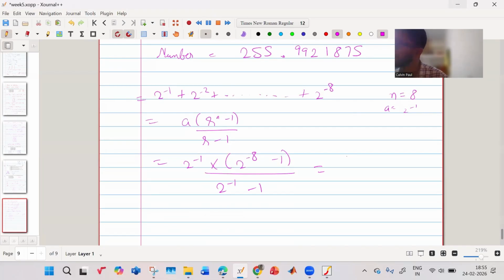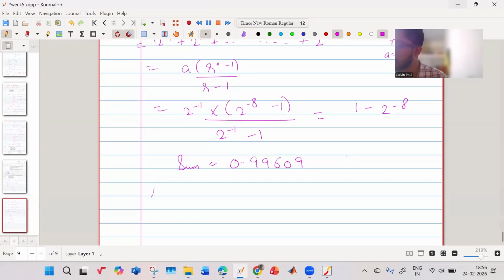So it's not 2 raised to minus 7, it is 2 raised to minus 8. This becomes 1 minus 2 raised to minus 8, which is 0.99609. So your answer for the range is 255.99609. Okay, so this is the answer.